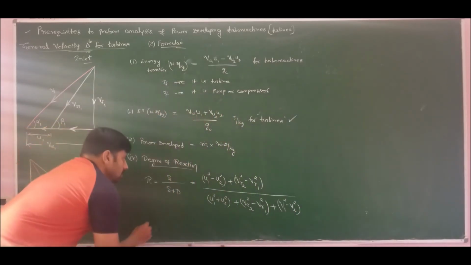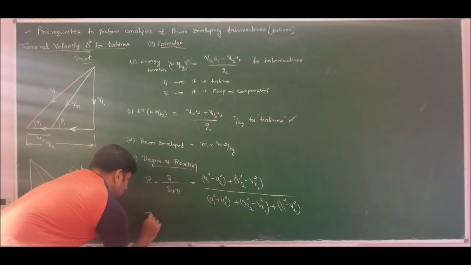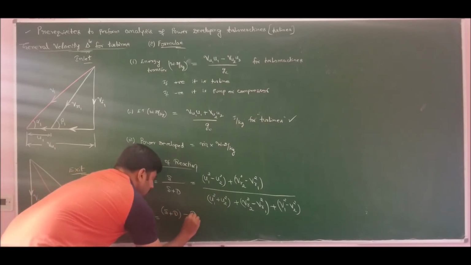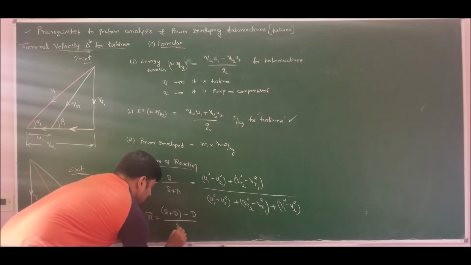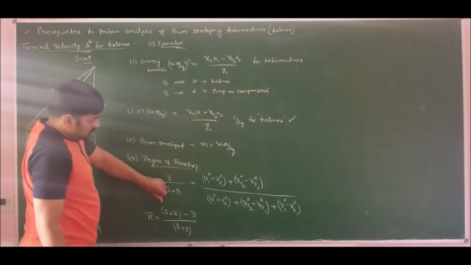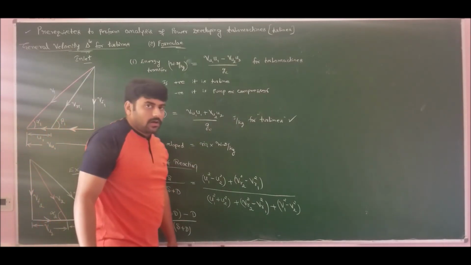Now I can also write this as R equal to the static component of energy transfer plus the dynamic component of energy transfer minus the dynamic component, divided by static plus dynamic. No change. This static plus dynamic component of energy transfer is nothing but work done per kg or energy transfer.